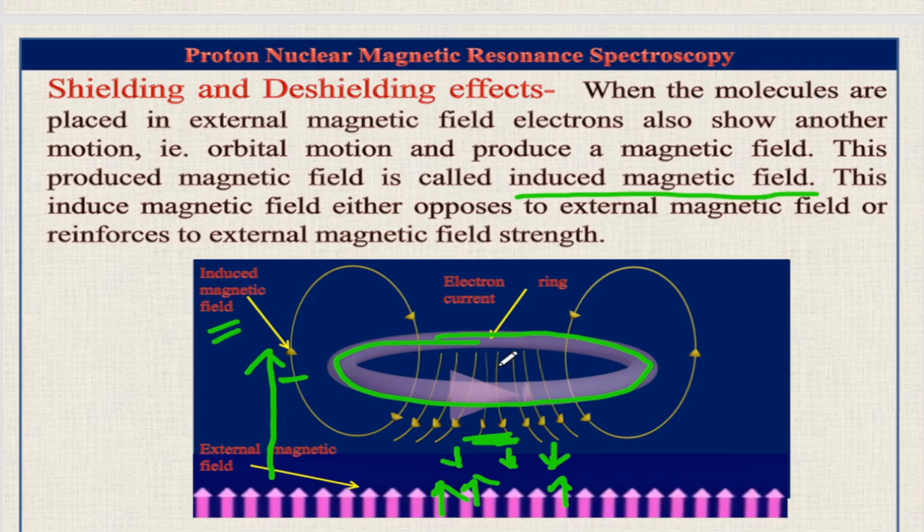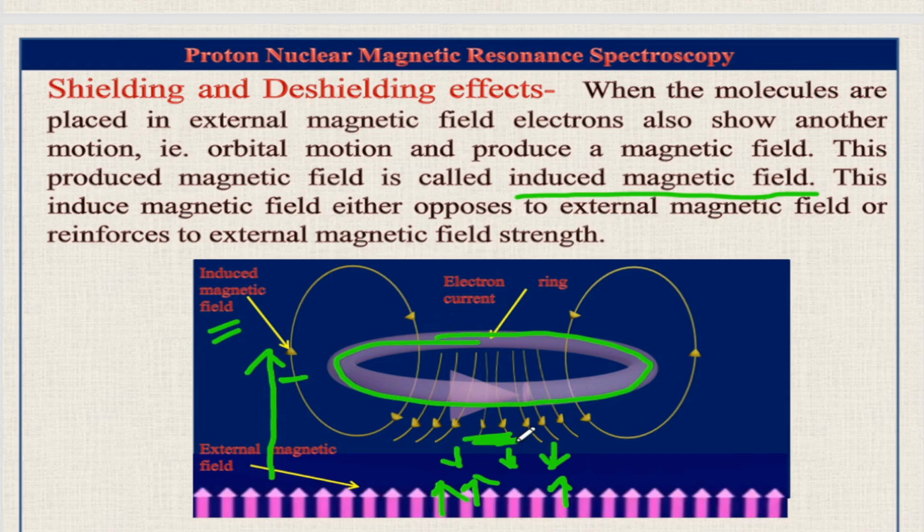In the shielded region the absorption shifts towards high magnetic field, and in the deshielded region the absorption shifts towards low magnetic field strength.